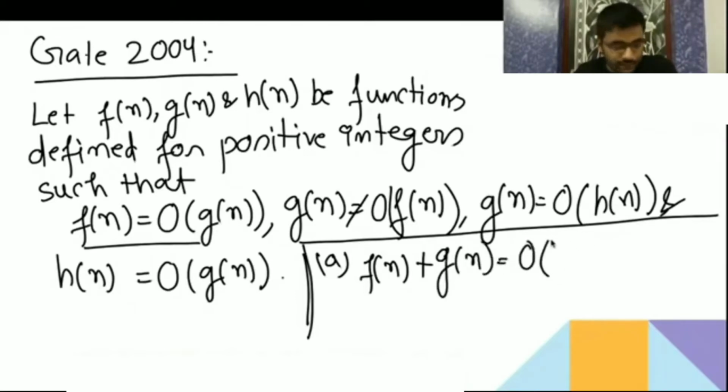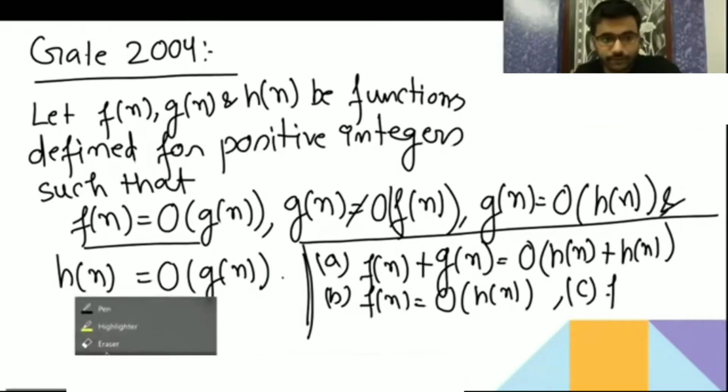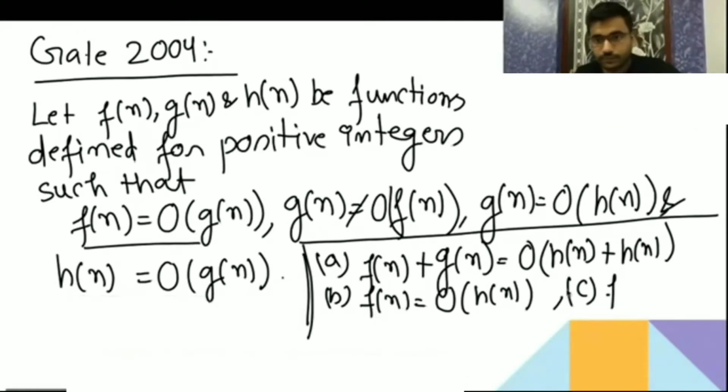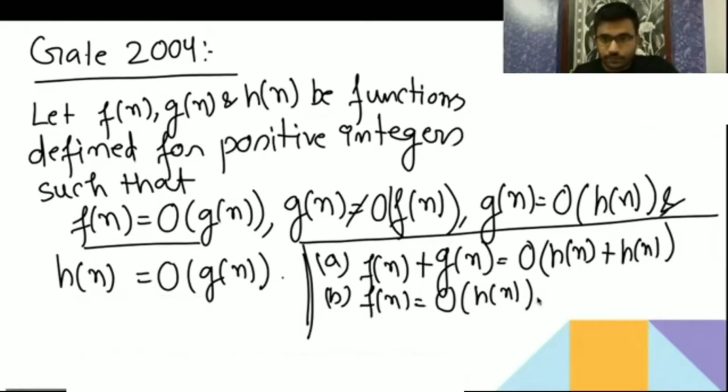The option A is this. Now tell me which of the following statements is false. C is your Hn not equal to big O of Fn.